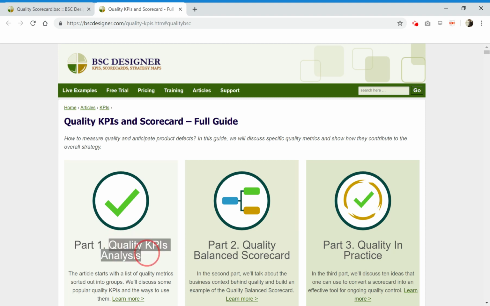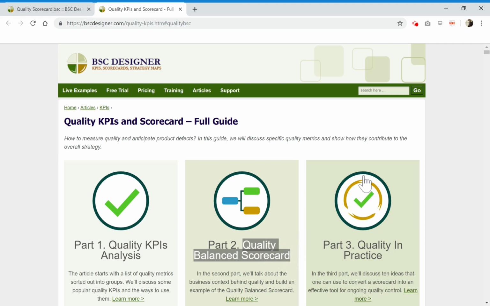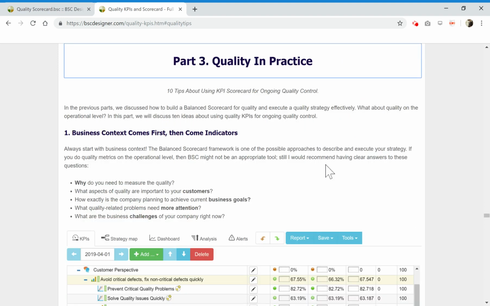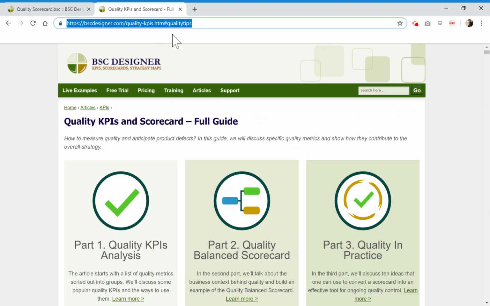The first one where we discuss some KPIs, the second part where we build a balance scorecard for quality, and the third part where I give you some tips about using this quality scorecard in practice. You can find this article on this link, and obviously, I will share this link in the description for this video as well.